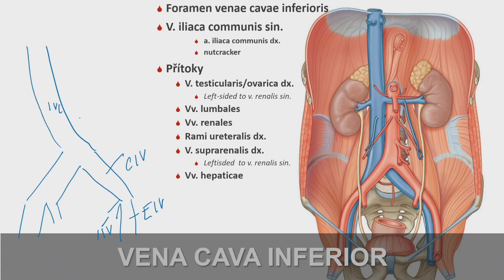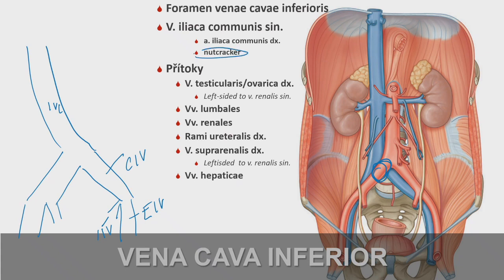But if you look here, here is a space where common iliac vein on the left side is going between the aortic branch, the right common iliac artery, and the spine. Then it could be compressed.